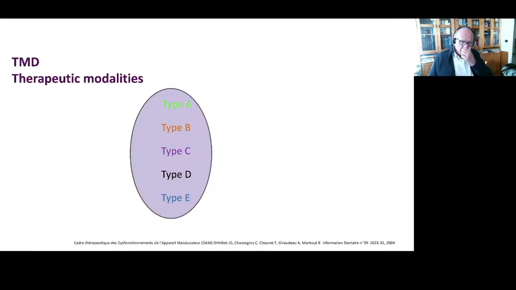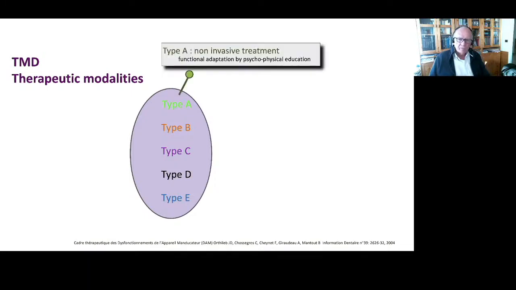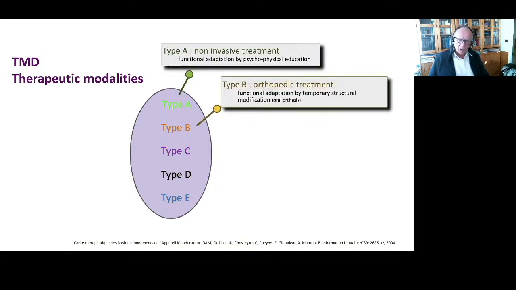And there are different types of treatment. The type A is non-invasive treatment. The type B is orthopedic treatment with a splint, for example. Splint is not completely non-invasive. It's not very invasive, but it's not zero invasive.